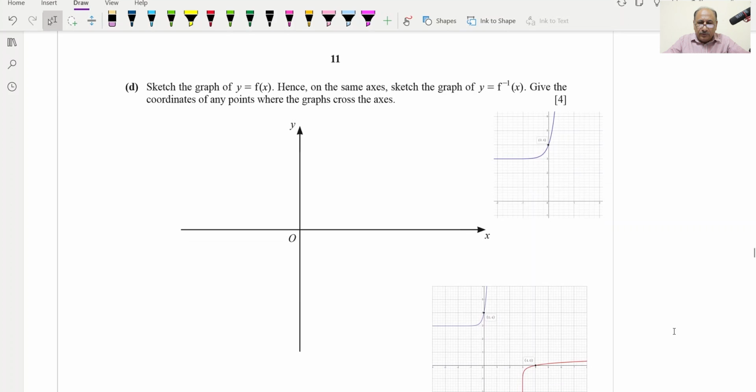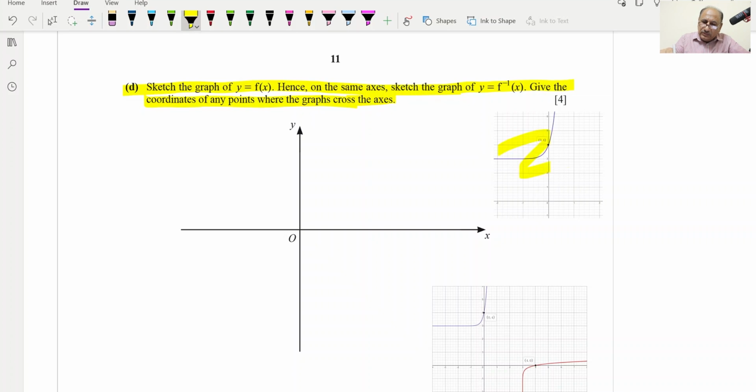Now D part says sketch the graph of y is equal to f of x. Hence, on the same axis, sketch the graph of y is equal to f inverse of x. Give the coordinates of any points where the graph crosses the x-axis.